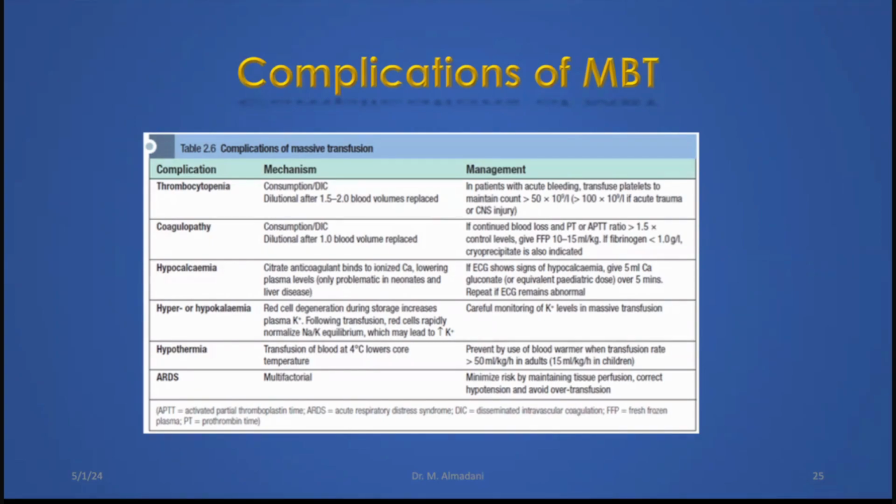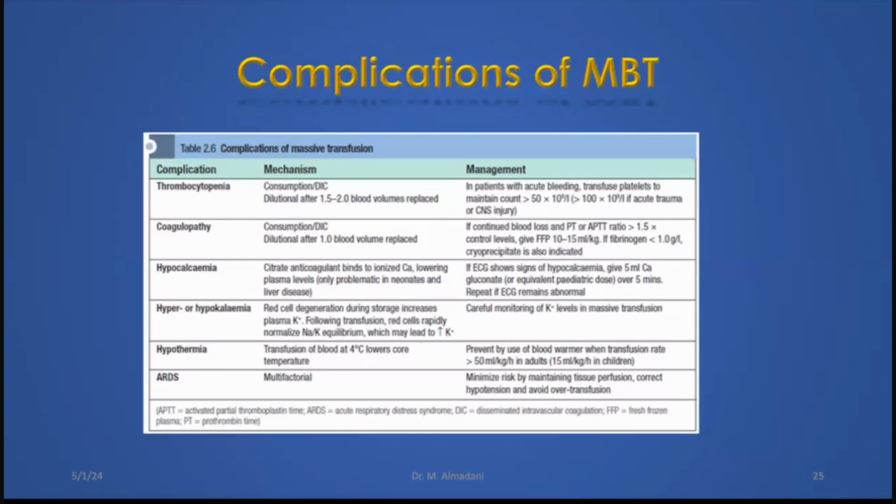Sometimes there is a disturbance of all of these components, or sometimes, if the patient is critically ill, there is consumption, and you need to give more and more blood. Then the composition of the blood will be disturbed, and the patient will get bleeding. So coagulopathy is a very important possible complication related to massive blood transfusion.